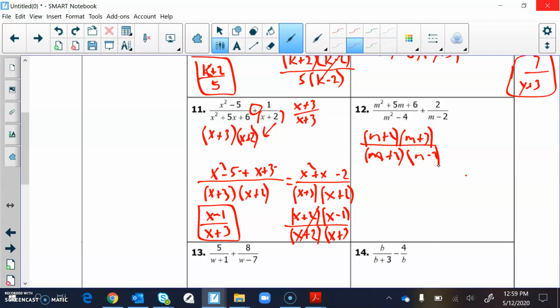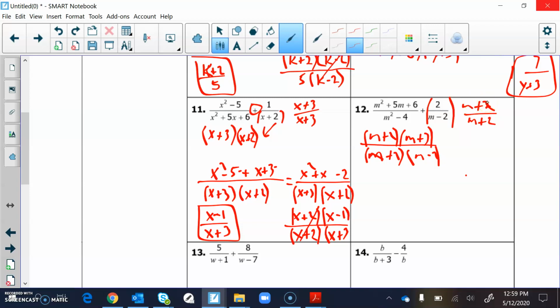So, first fraction, it's got everything it needs. It's got an m plus 2 and an m minus 2. Second fraction only has an m minus 2, so we want to multiply times m plus 2 over m plus 2. So that gets me 2m plus 4.